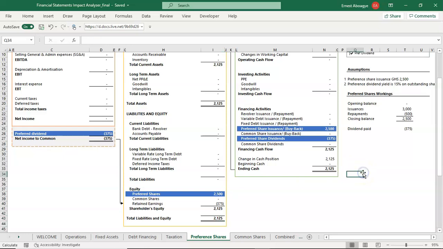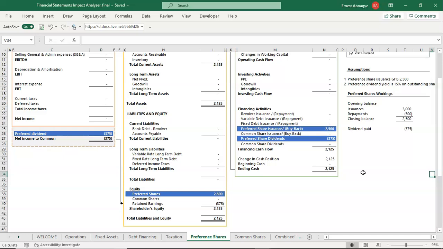Now let me hasten to add that dividends on preferred shares are determined at the point of issuance. So once you are issuing the preferred shares, you will tell the percentage that you charge as preferred dividend, just as it applies in loans and debt financing facilities. You go for a loan and they will tell you the interest on that loan is 10%, or 20%, or 30%, and so on.